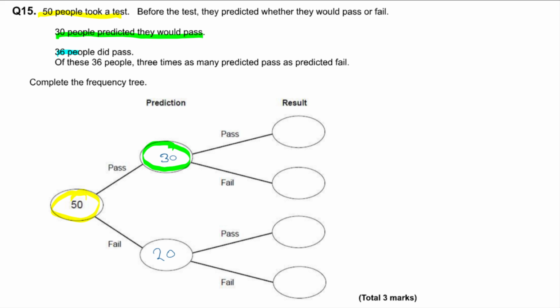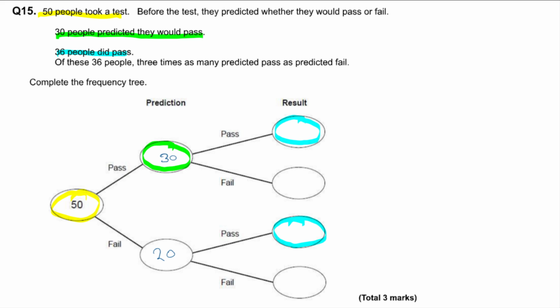Okay, now 36 people did pass. Now the 36 people who passed are actually in two places. They're going to be here and they're going to be here in those two places there, pass and pass. Okay, so we know that there are 36 people in there, but of those 36 people, 3 times as many people passed as predicted fail.